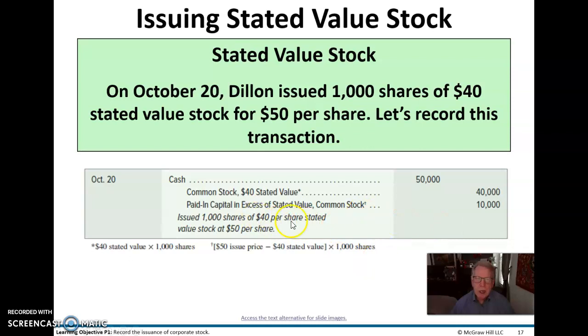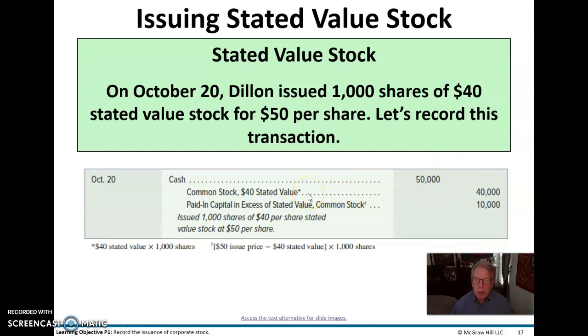Stated value, we do that very similarly to the way we do par value. So here we issue 1,000 shares at $40, but we actually received $50 a share. So the cash we receive is going to be $50,000.